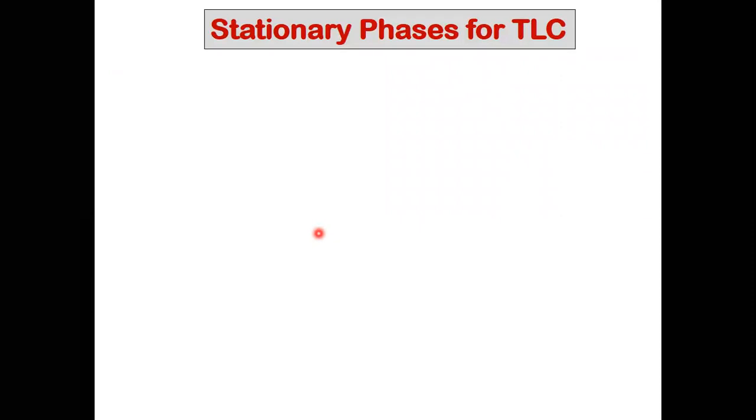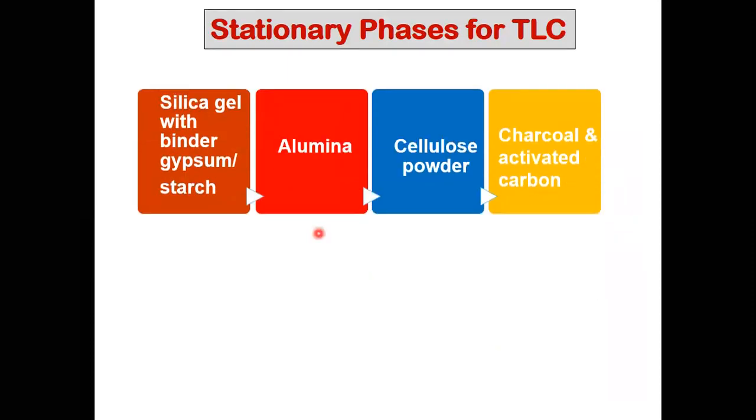Now we come to the stationary phases for adsorption thin layer chromatography. These are the stationary phases which are generally used in TLC: silica gel with binder gypsum or starch, alumina, cellulose powder, charcoal and activated carbon.